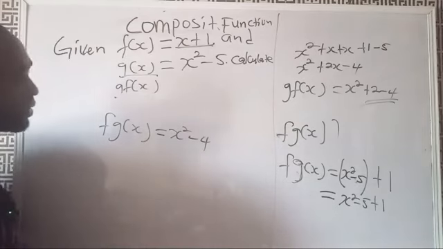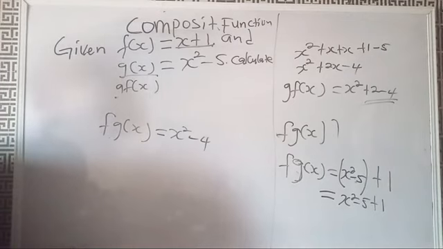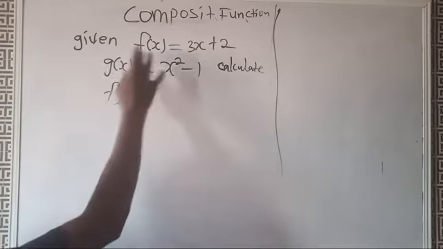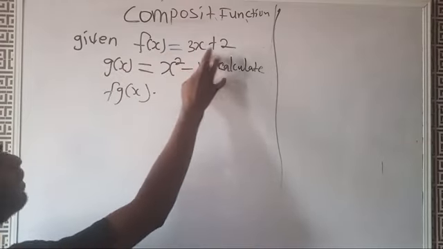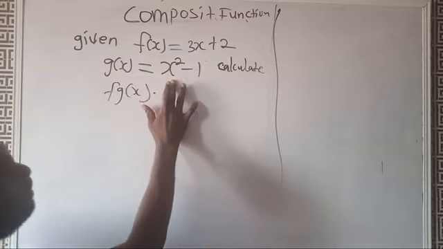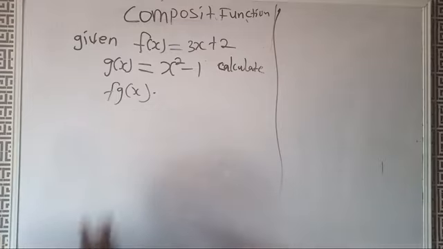Okay, so this is f of g of x, a function inside of another function. Let's take another example. Given f of x is equal to 3x plus 2, g of x is equal to x squared minus 1, calculate f of g of x.